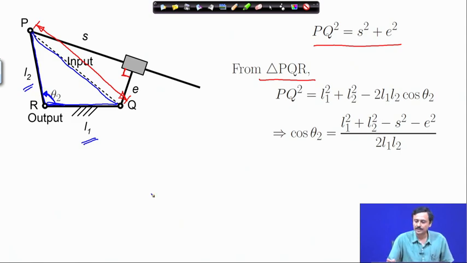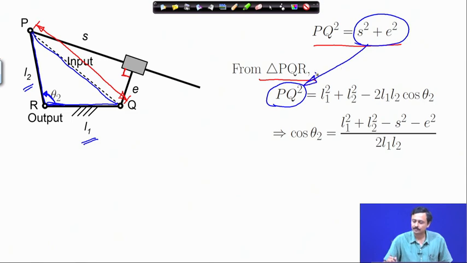So, therefore, cosine theta 2 is nothing but this ratio of L1 square plus L2 square minus S square minus E square. So, here I have replaced PQ square by S square plus E square and expressed cosine of theta 2 in terms of this.